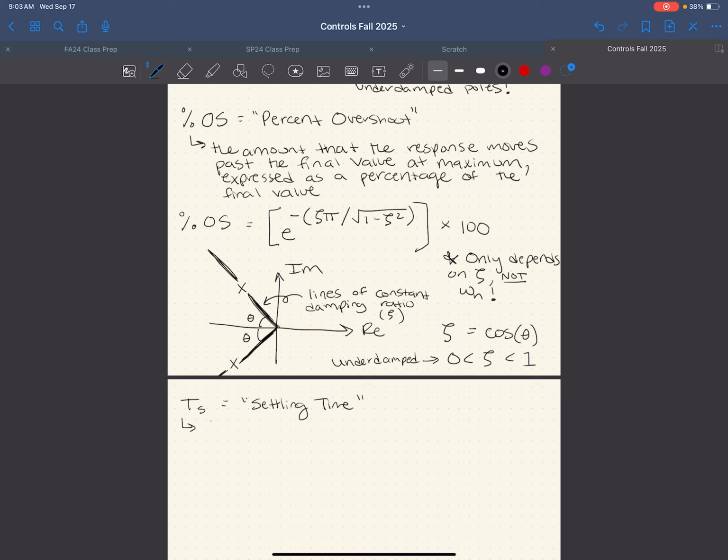So this is the time for the transient oscillations to decay and stay within 2% of the final value.